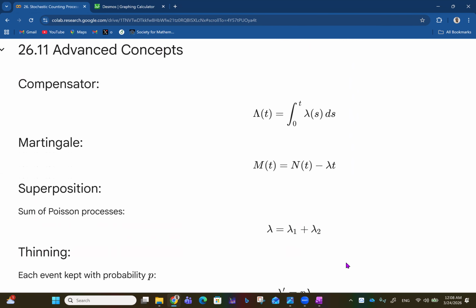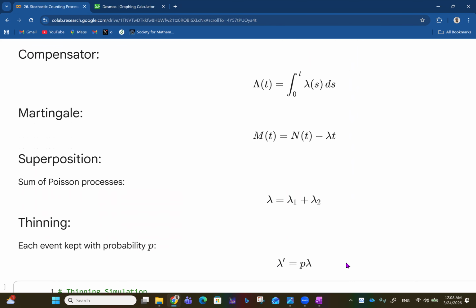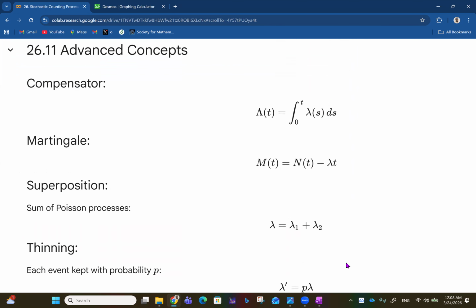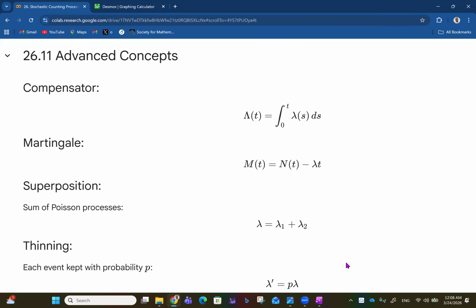Then we have advanced concepts. You can talk about a compensator, big alpha of t, which is the integral from 0 to t of lambda(s) ds.